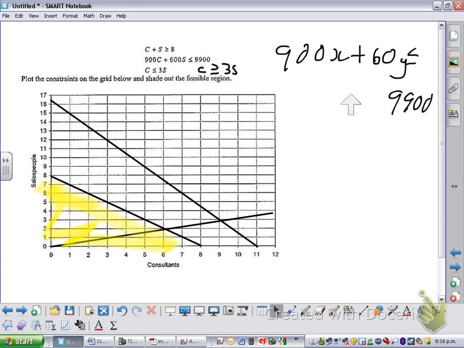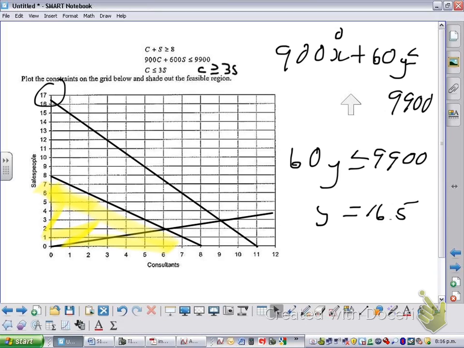If I make x 0, then I have 600y is less than or equal to 9900, and you end up getting, I believe, y equals 16.5. Well, that's not a huge deal because I can find that.